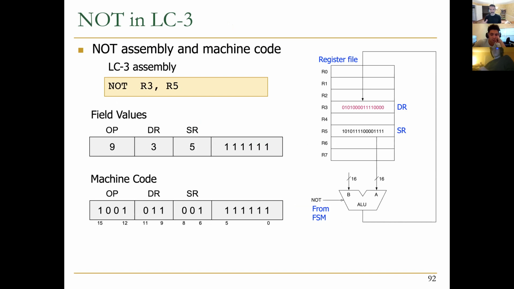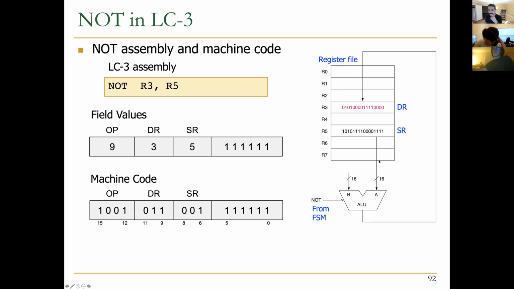If this happens to be something else, for example the opcode of ADD, then you may want to tell your ALU that you want to do ADD instead of NOT, right? So it really depends on your opcode. But if your opcode is 1001, then this is NOT.